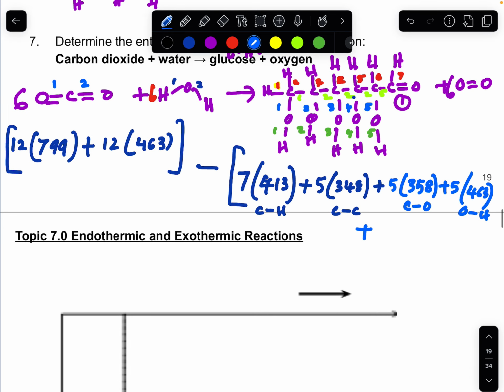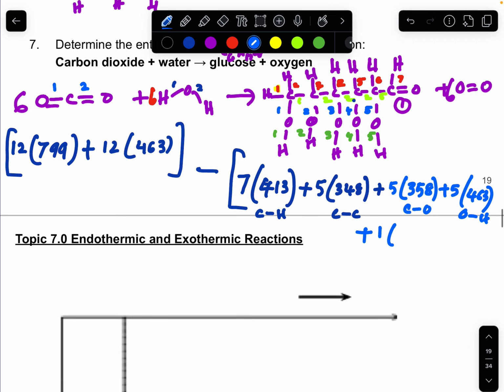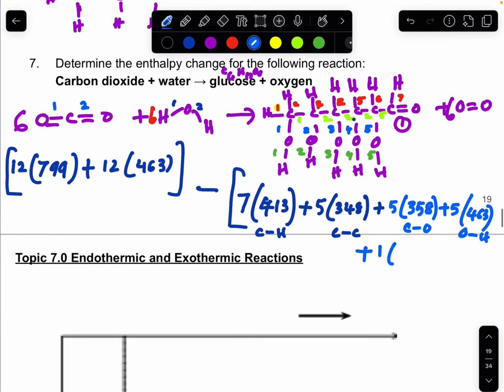Then what else is remaining there? There is C double bond O bond there, right? There is one C double bond O bond, which is 1 times. Did we count everything? Let me see. Yeah, I think we took CO, OH, CC.